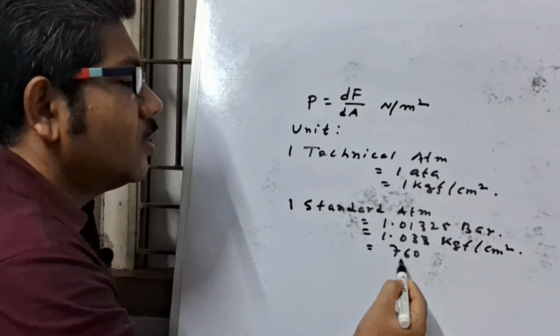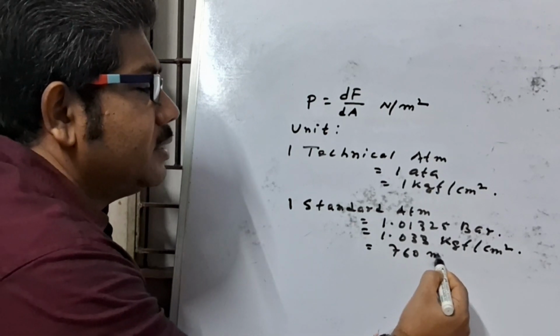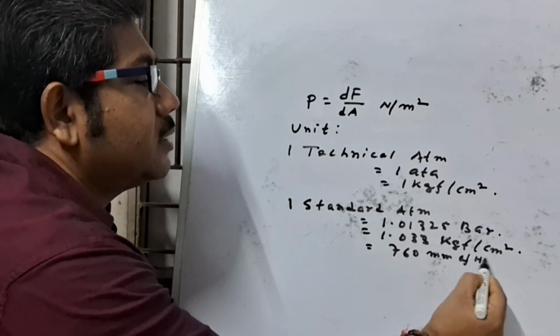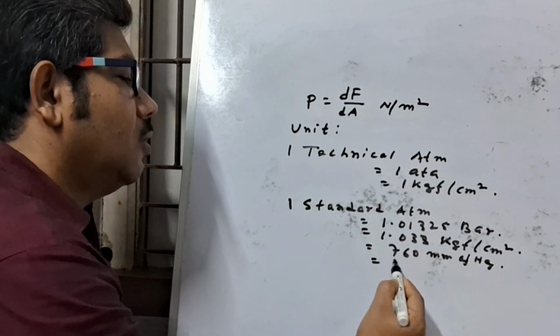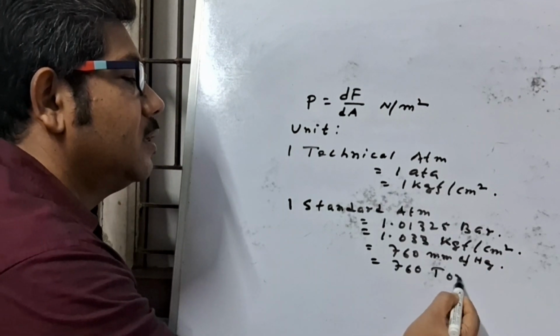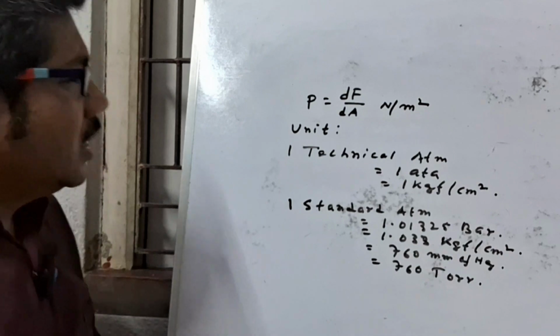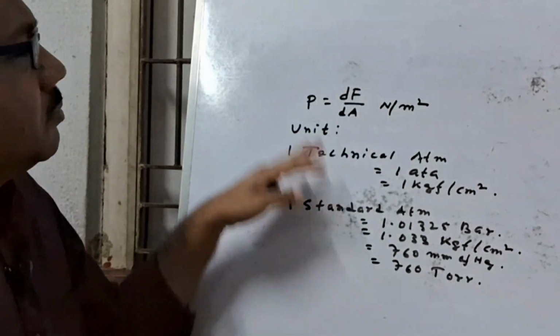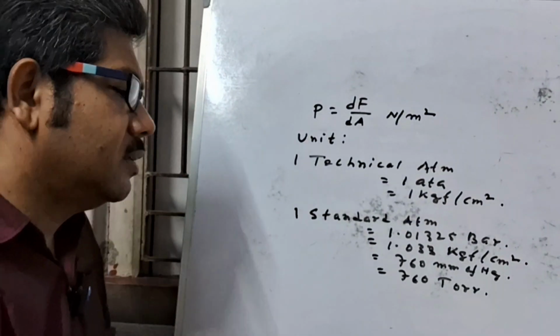Or we know that 760 millimeter of Hg or 760 torr. In different unit, pressure can be measured.